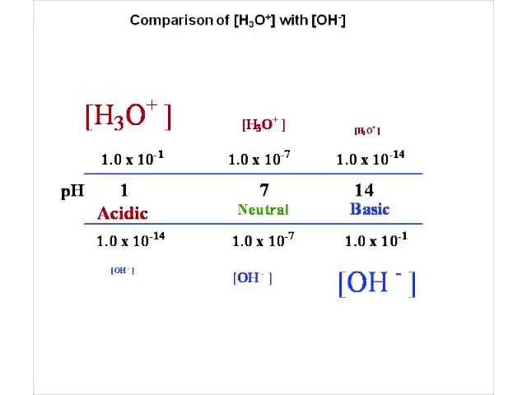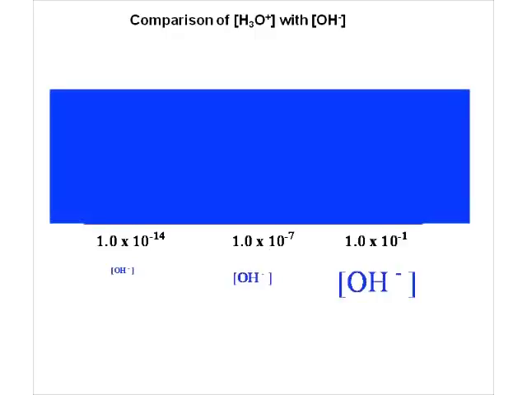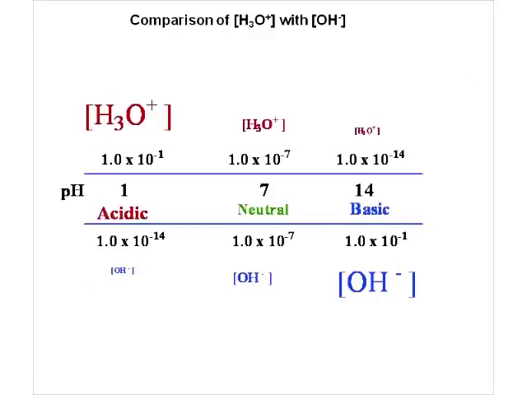If I wanted to take the log of this number, the log of this number now is going to be 14. The log of this number is 7. The log of this number is 1. So instead of doing pH, now we can do pOH, which is referring to acidity from the hydroxide perspective.